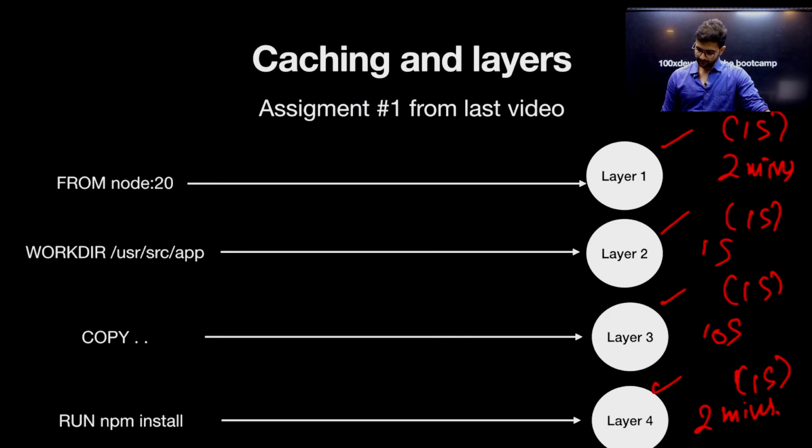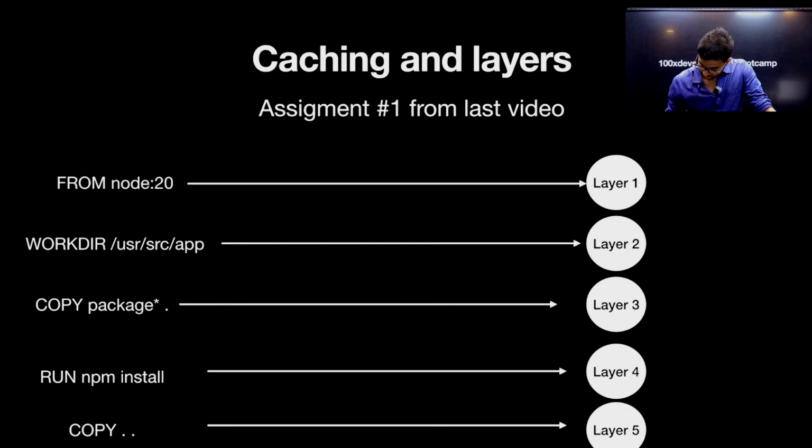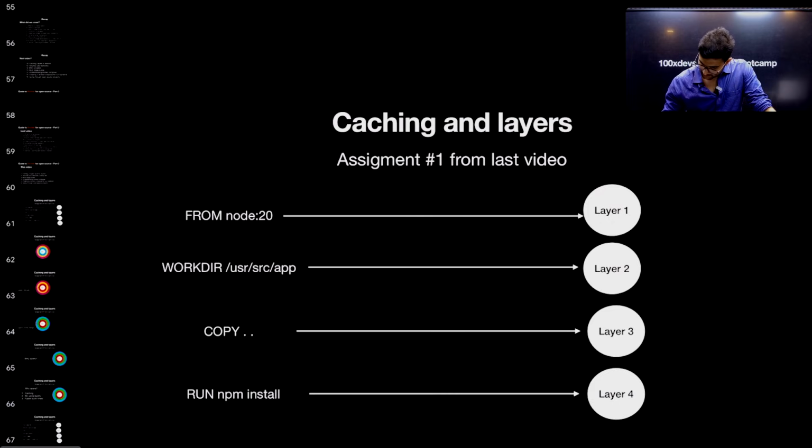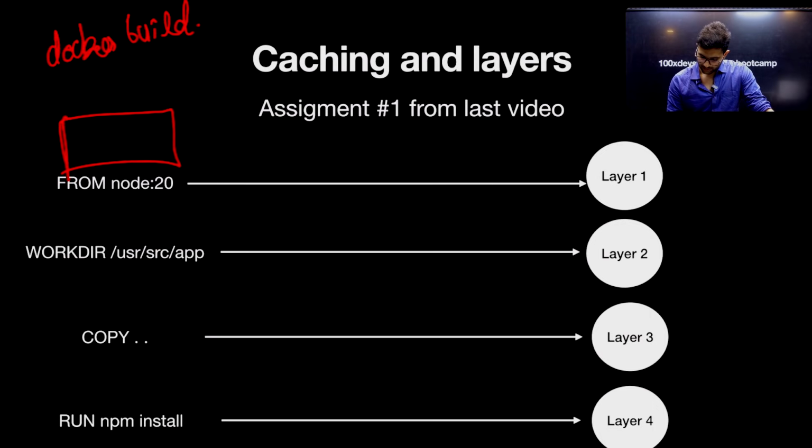But if I change the index.js file between builds, which means if I run docker build once, then I change, if this is my code base, I change the index.js file, and then I run docker build again, what would happen?